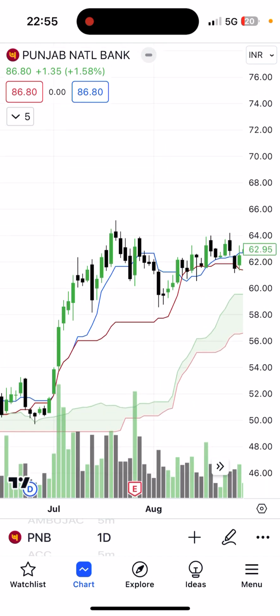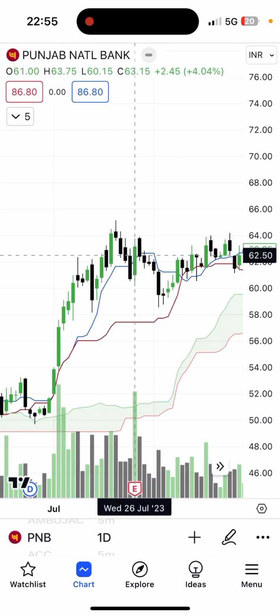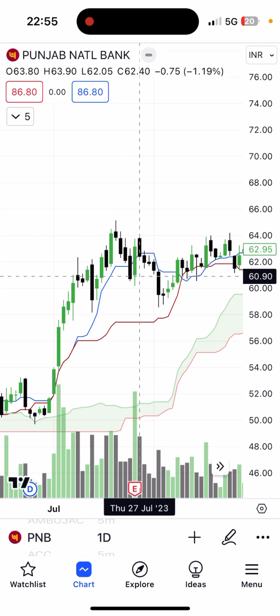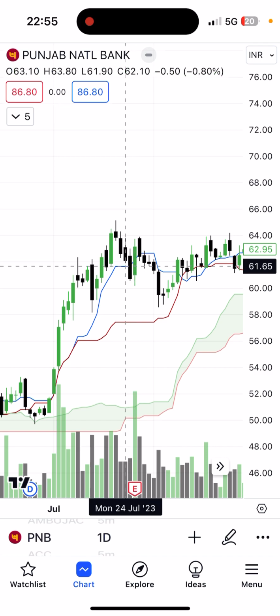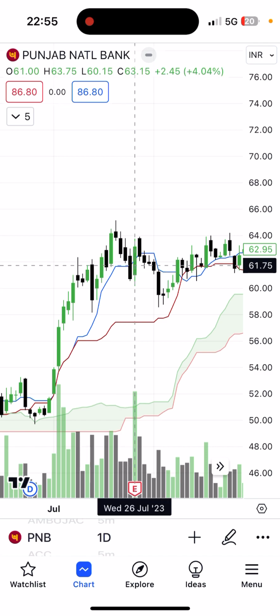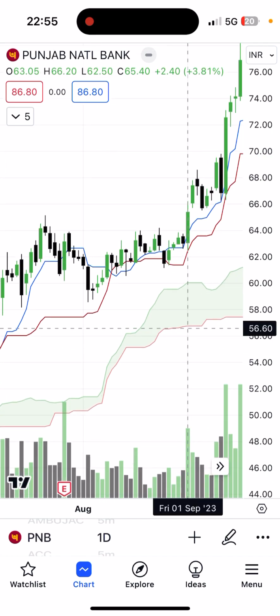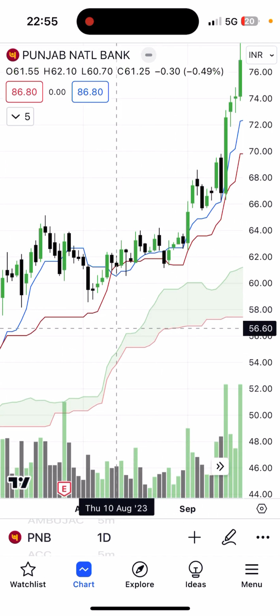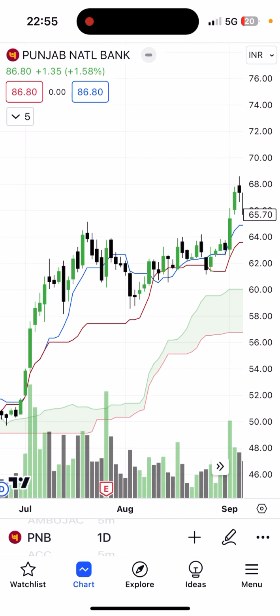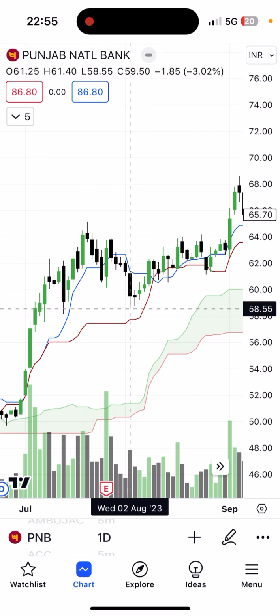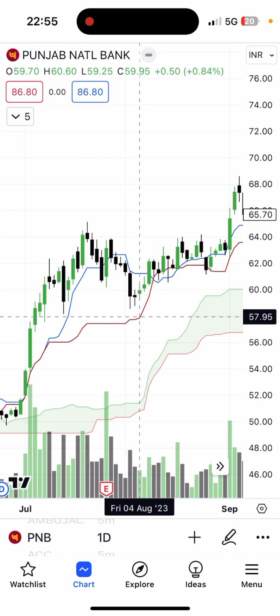So in all these strategies, in the first strategy it is testing the blue line, so it is a shorter length. When it is testing the red line, it is a longer length, and if it tests the cloud, it is some more longer length. You can book the profits here, and wait for it to test the red line.